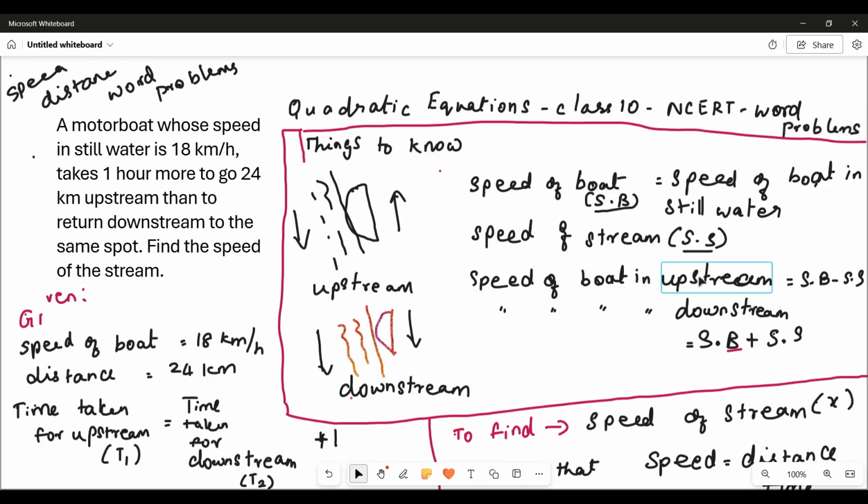So the formula for upstream speed is equal to speed of boat in still water minus speed of stream. And for downstream, the speed of boat in downstream is speed of boat in still water plus speed of stream. You should understand these four speeds before working on any upstream downstream word problem. This is the main thing.